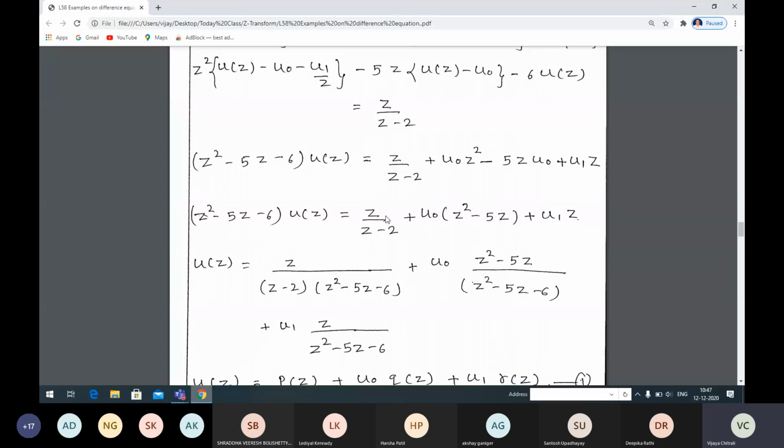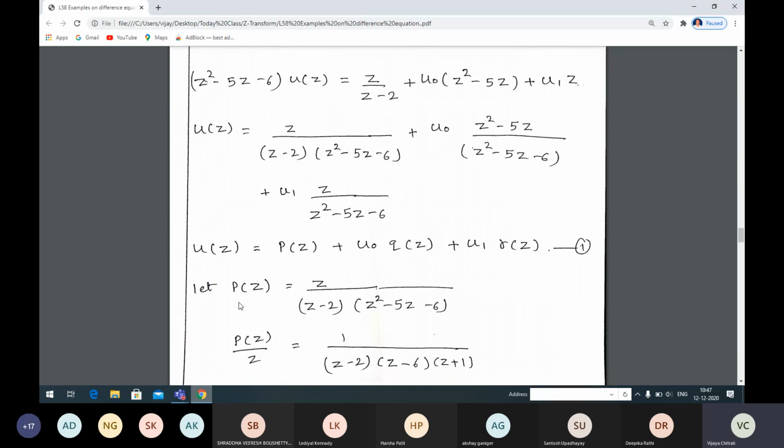It is in the numerator, so it comes to this side in the denominator, meaning for each term you divide by z^2 - 5z - 6. So the next step is U(z) equal to z/((z-2)(z^2 - 5z - 6)) plus u_0(z^2 - 5z)/(z^2 - 5z - 6) plus u_1 z/(z^2 - 5z - 6).